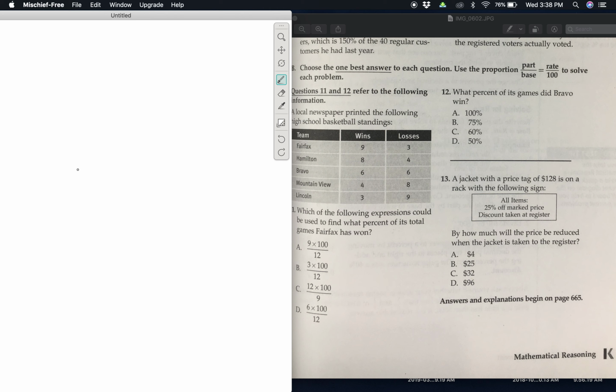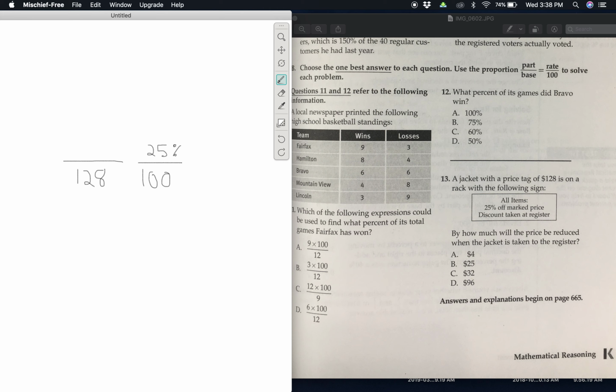So the base part is 128. That's the cost. We know that this is out of 100. We can always put 100 here. And we know that it's 25% off.